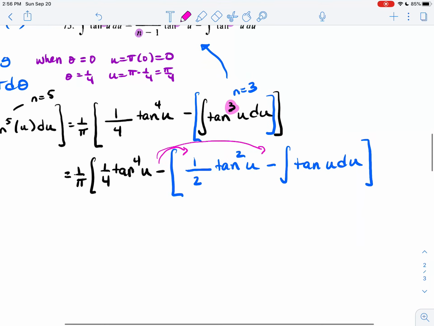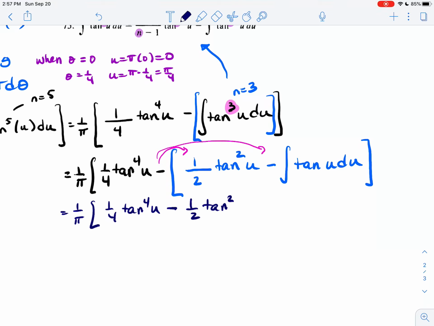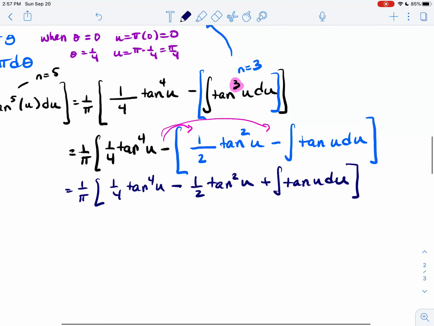Now I'm going to distribute the minus. And I'm going to get 1 over pi times 1/4 tangent to the 4th of u minus 1/2 tangent squared u, minus minus turns into a plus, of tangent u du. And we also have in the basic table every single trigonometric function to its power, or just standard trigonometric function.